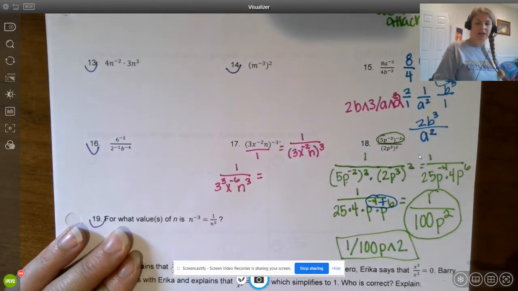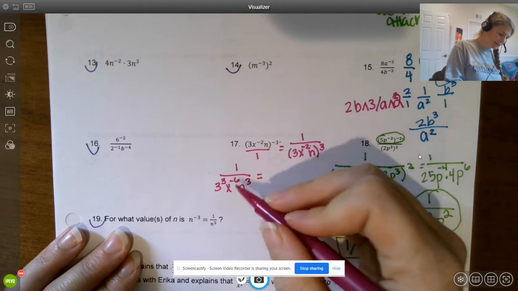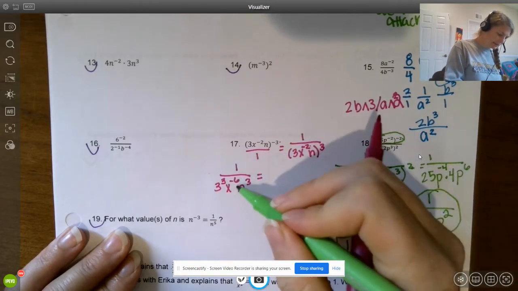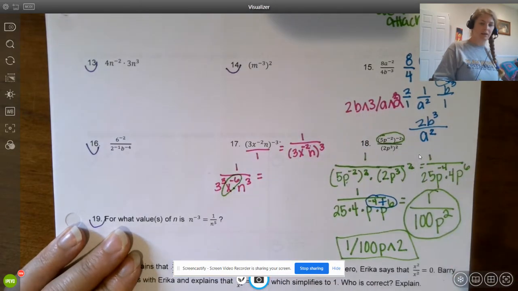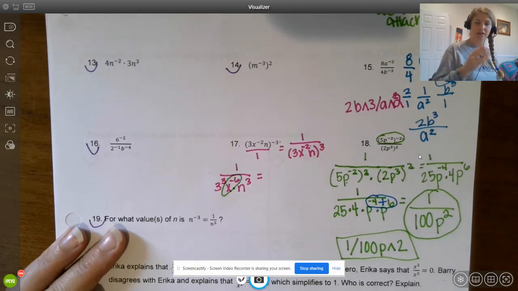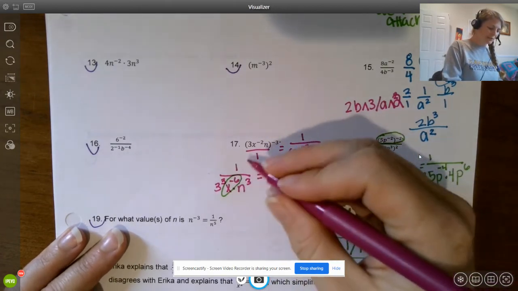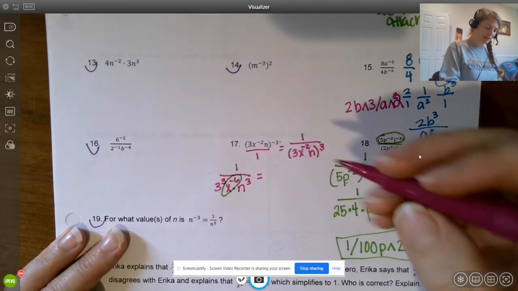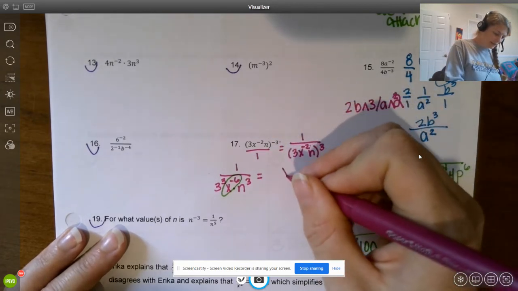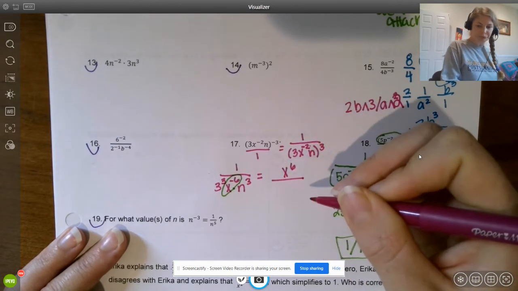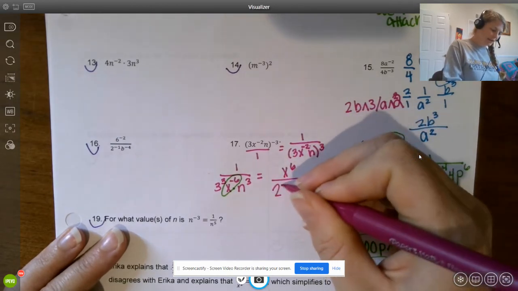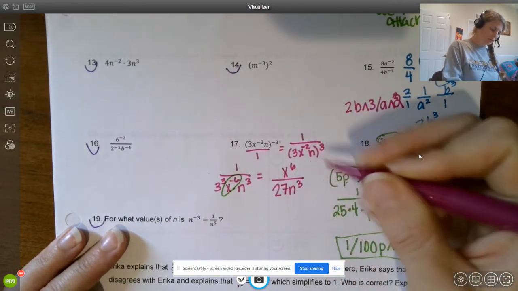From here, we know 3 to the third is 27. I'm going to bring this x to the negative 6. Sorry, I misspoke. Negative 6 only belongs to the x. That's the only power I'm going to need to cross the line and change the sign of my exponent. So I'm going to have x to the 6 in my numerator over 27n to the third power.